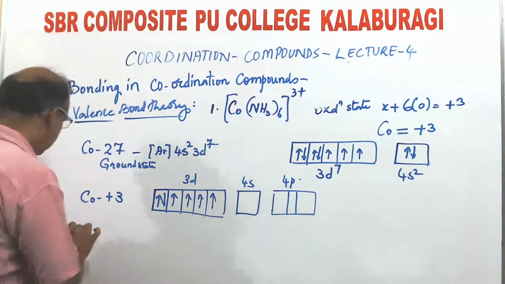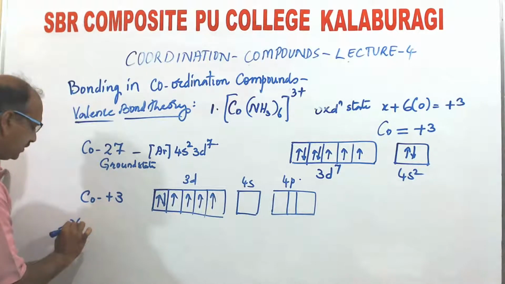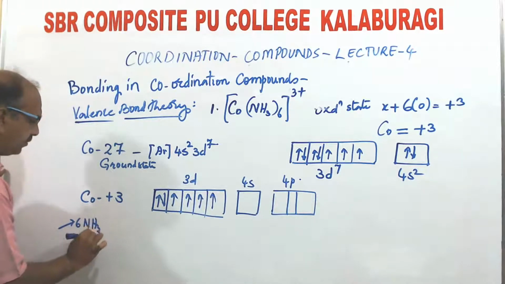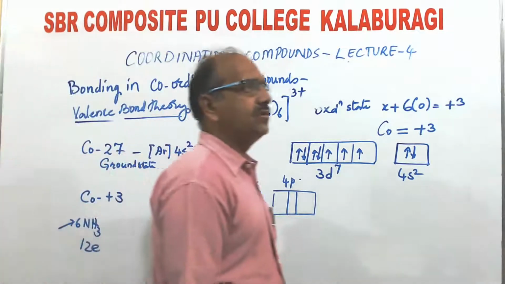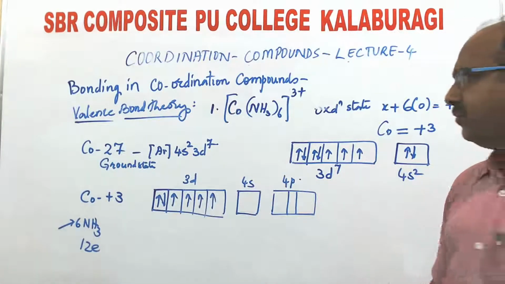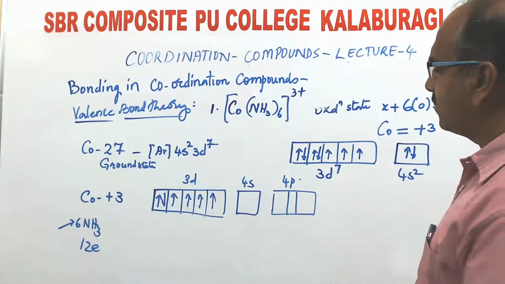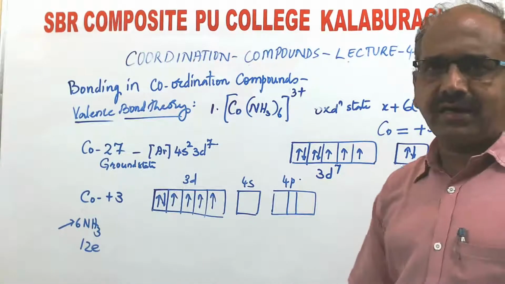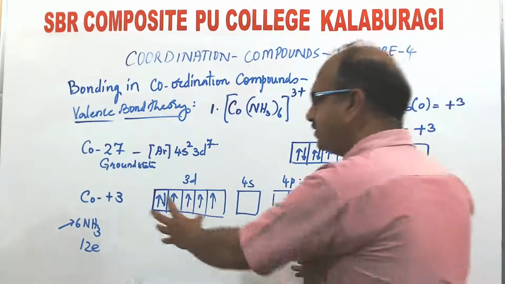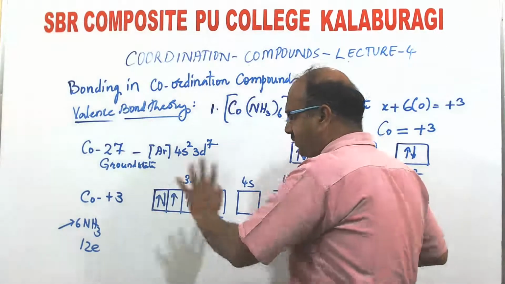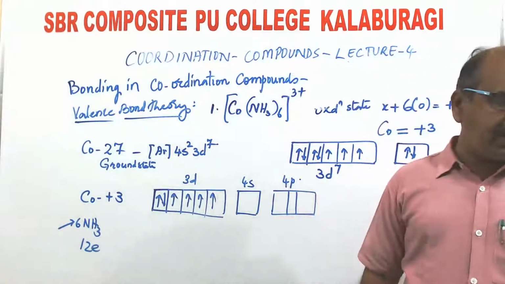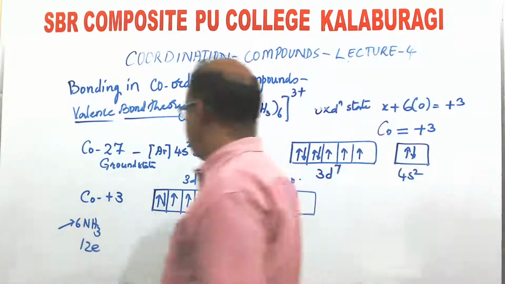Now, when 6 ammonias approach, they bring 12 electrons. So for 12 electrons, 6 orbitals should be made ready. Because ammonia is a strong ligand, the unpaired electrons first pair up.